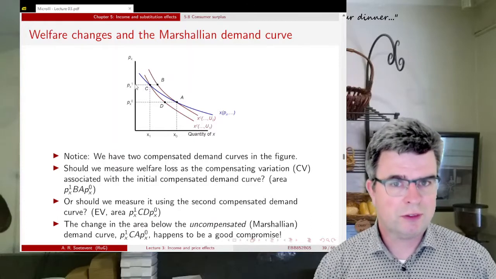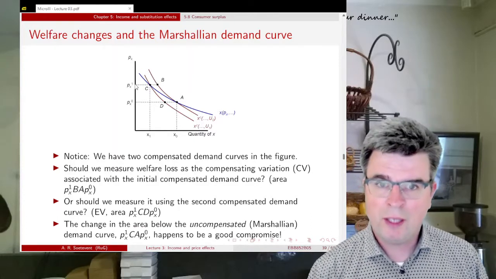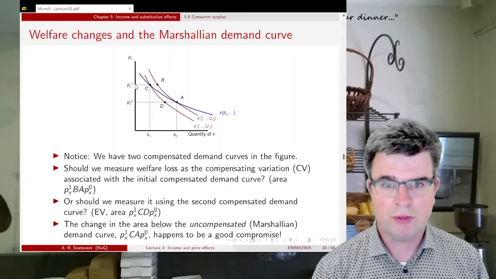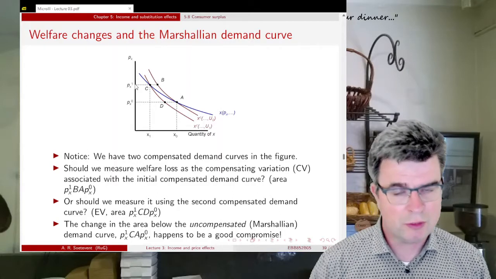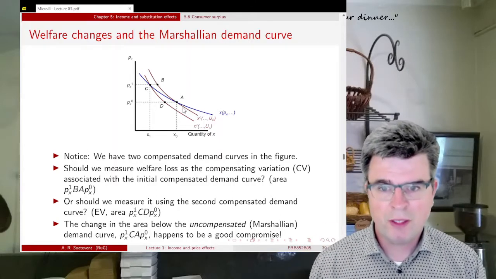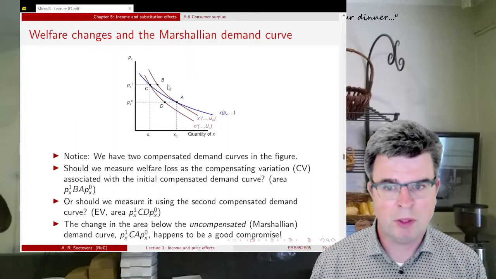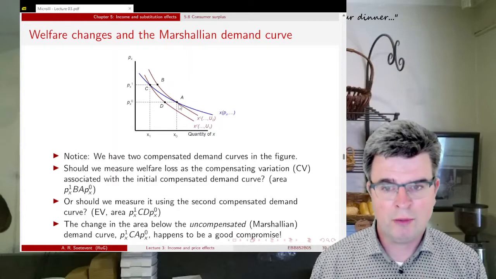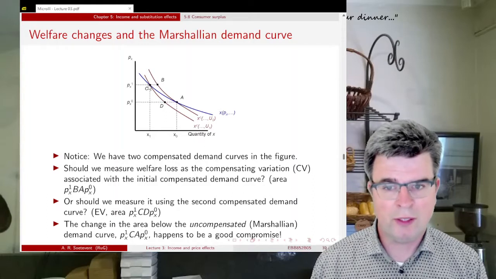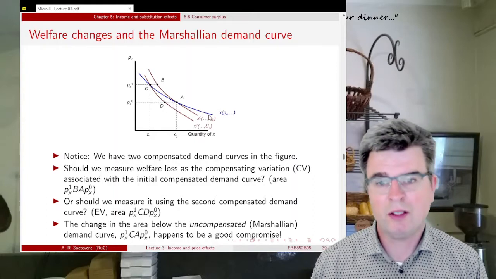And then there's a nice way out, and that is the Marshallian demand function, because we know that this Marshallian demand curve intersects the compensated demand curve and runs below it at the higher prices and above it at the lower prices.